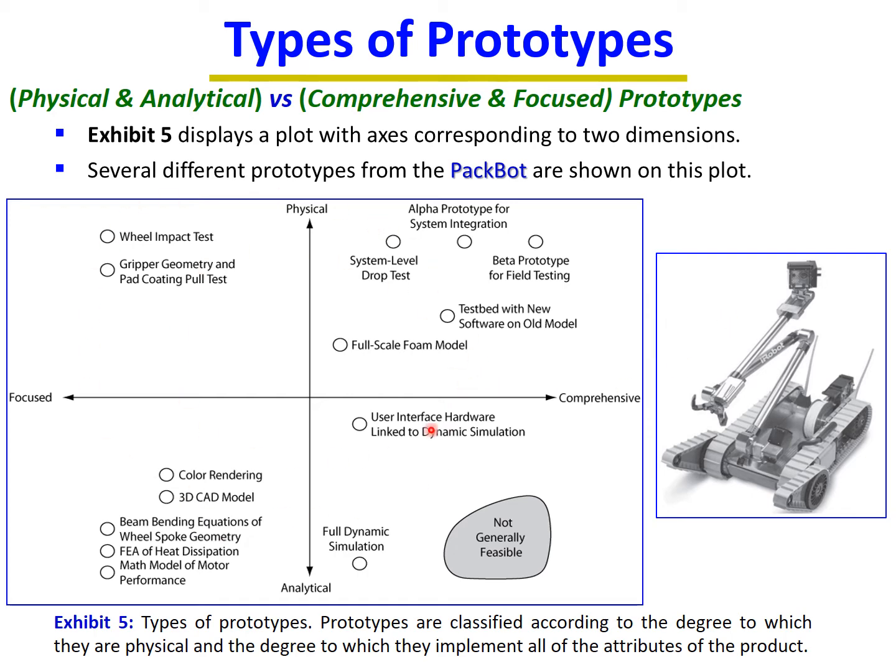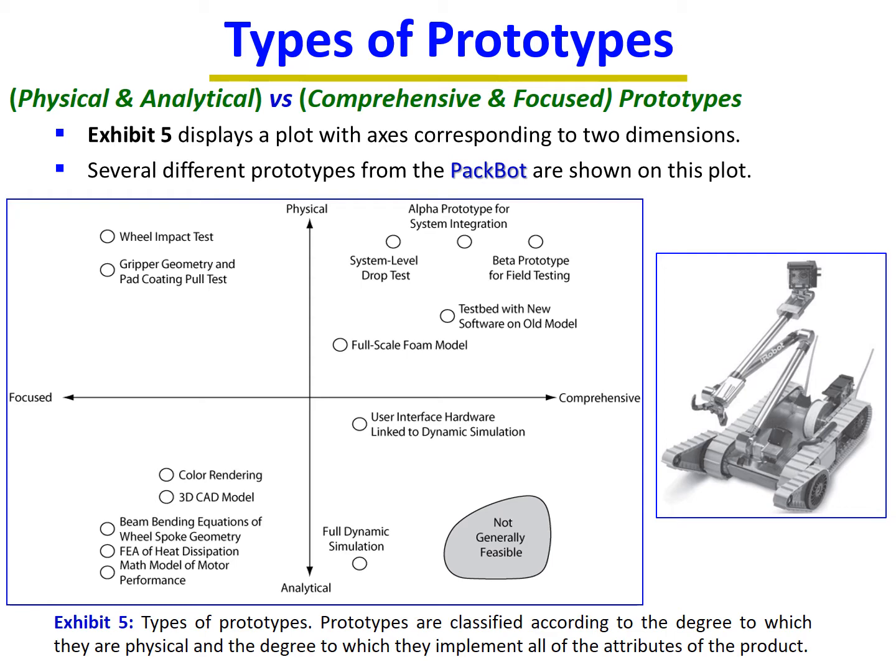So this is a very good slide to show you that prototyping does not mean make one prototype at the end. Prototyping means that from the concept stage to the detailed design stage to later stages of product development, you can make different types of prototypes.